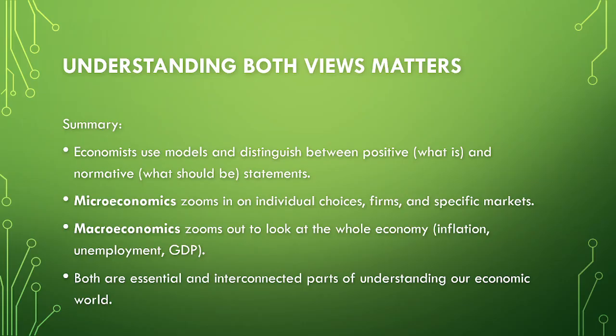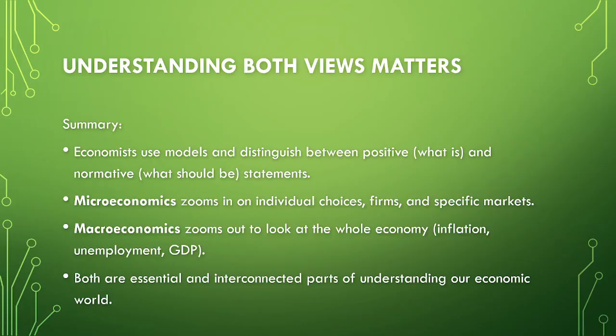All right, now let's do a quick recap. Economists use models and distinguish positive from normative. Positive is based on facts, normative is based on opinions. Now the field has two main branches. What are they? Good.